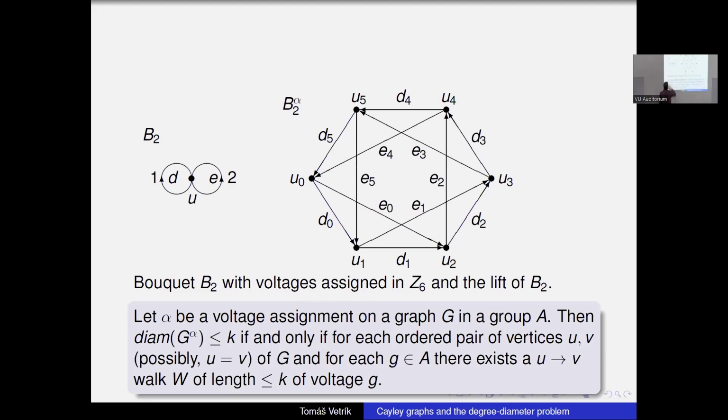Generator 1 will give us edges from U_i to U_{i+1}. Generator 2 would give us edges U_i to U_{i+2}. Again, if you would be taking inverses, since our graph is finally undirected, it doesn't matter if you are choosing 1 or 5, or if you are choosing 2 or 4.